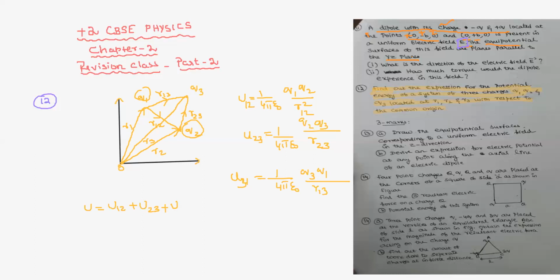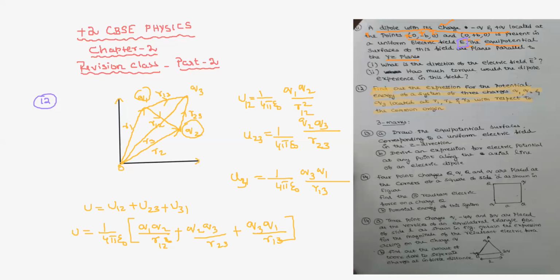So U is equal to, taking 1 by 4 pi epsilon naught common, q1 q2 by r12 plus q2 q3 by r23 plus q3 q1 by r13. So this is the potential energy of the system.